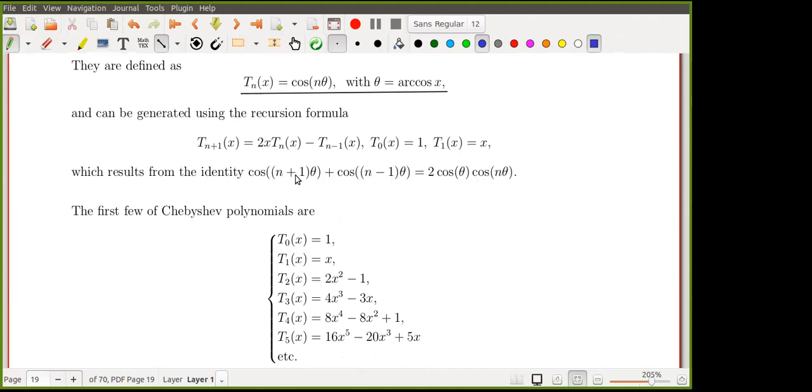Cosine (n plus 1) theta plus cosine (n minus 1) theta is equal to 2 cosine theta times cosine n theta. So if you allow, we can quickly perform this computation.